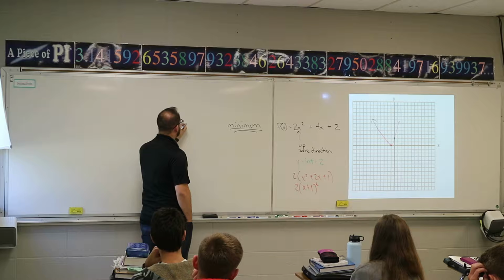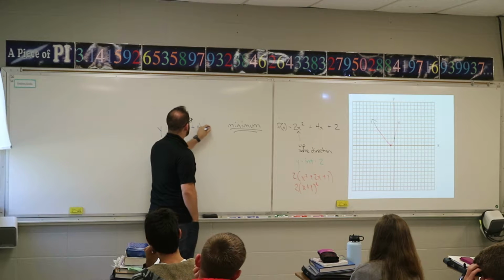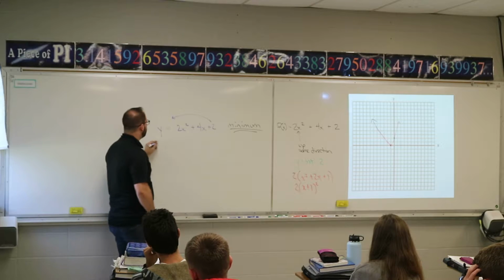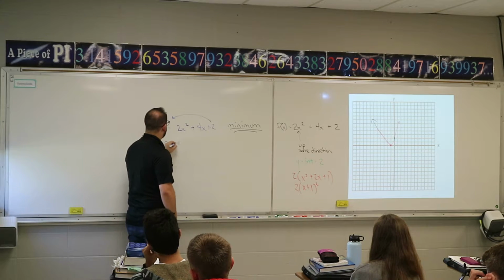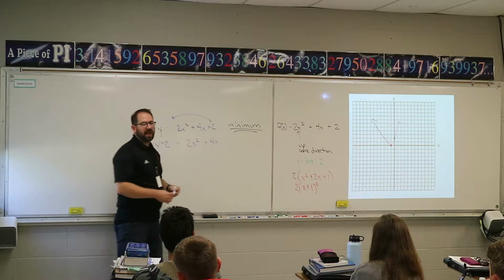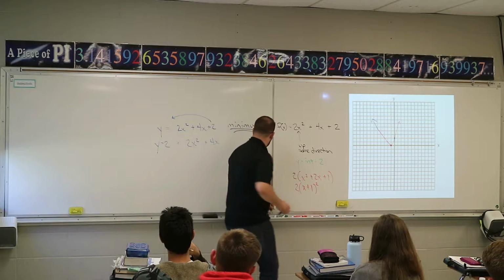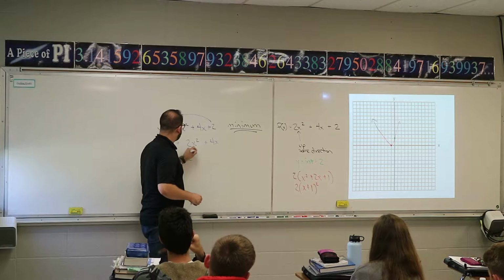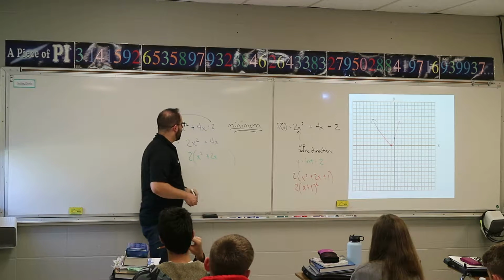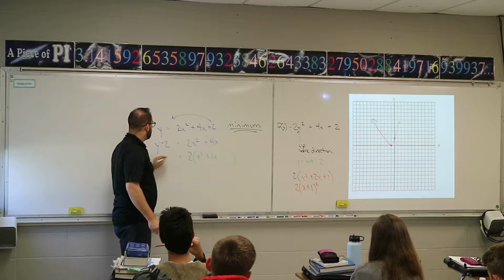So f of x, and then what I do is I subtract the 2 across. You want to get the x squared, the highest degree term, by itself. So I'm going to subtract the 2 over. I'm going to factor out any numbers in front of x squared if I had any. Well, I do. I have a 2 out front, so I'm going to factor that out. And now what I do is I do half the middle squared.